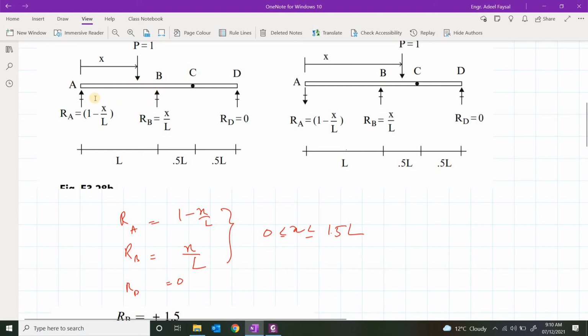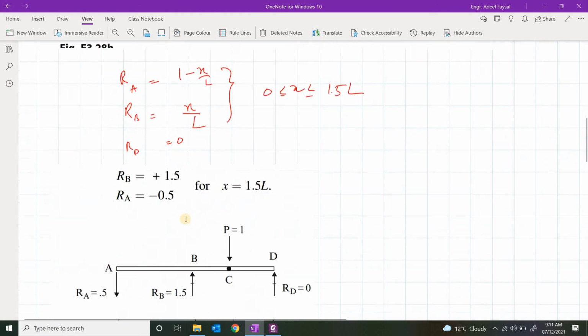You have the load in the AB region, and the load location is defined by distance x. You cut a section at B and find out the bending moment. The answer will of course be in terms of x. So you will get an expression for MB in terms of x, and you can plot that expression.